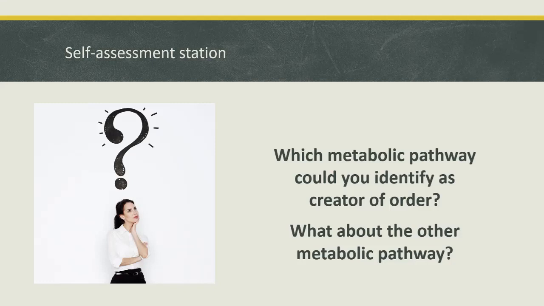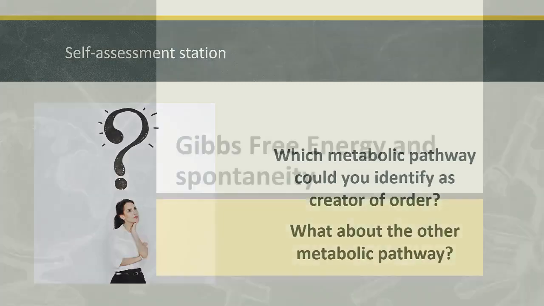You're taking simpler molecules into complex and more organized ones. Whereas in the case of a catabolic pathway, you're breaking things apart, so you are creating more disorder. Okay, so an anabolic pathway is a process that organizes matter, and a catabolic pathway is one that actually causes disorder. That was the question. Let's go ahead.